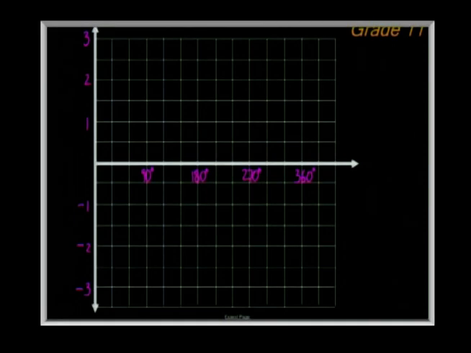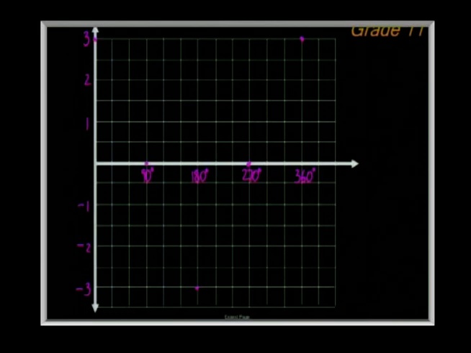The easier function to draw is going to be 3 times cos x, because it's just a once down and once up. There's not lots of little up and down. So I'm going to start with that, and we'll draw it with pink. It starts at 3. I'm going to indicate a few points to make it easier for myself to draw. It's going to go down to 90, then it's going to go down to -3, up to 270, and the last point is at 360 and 3.